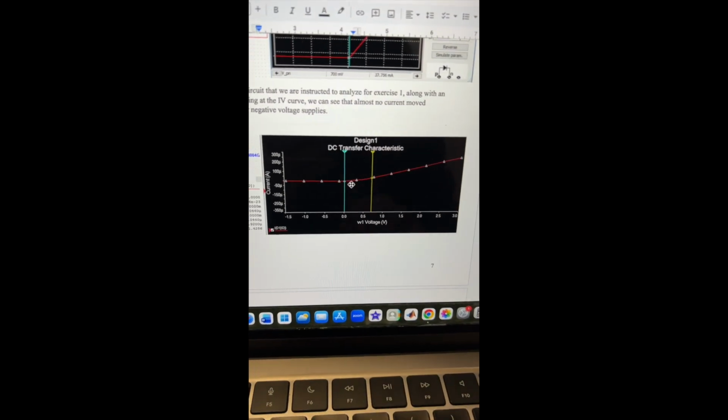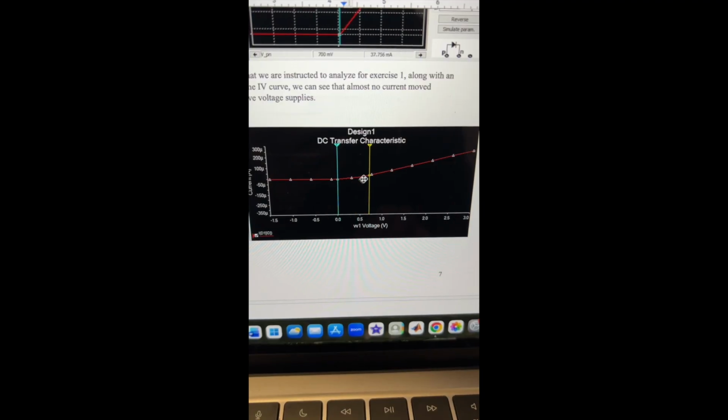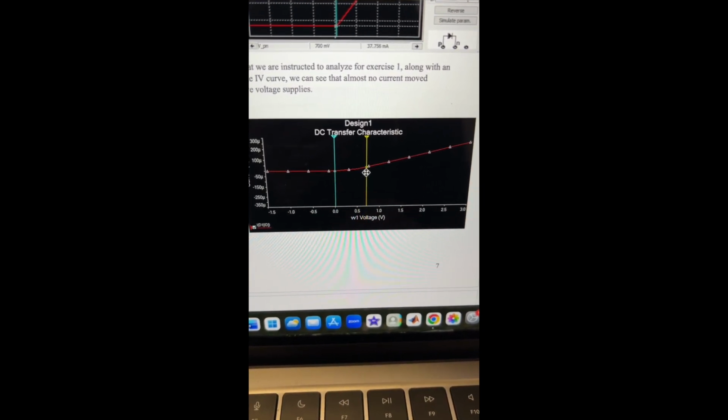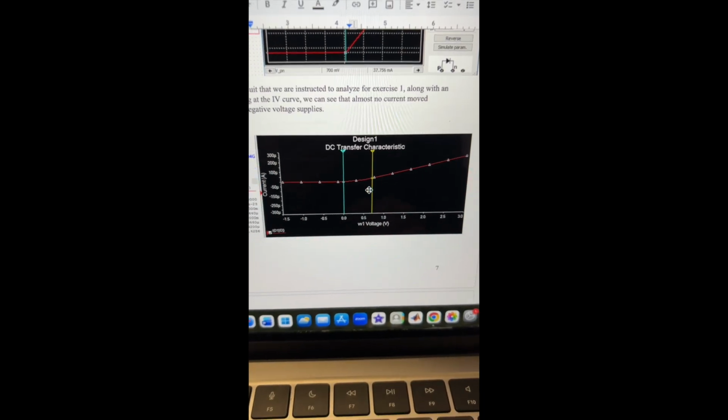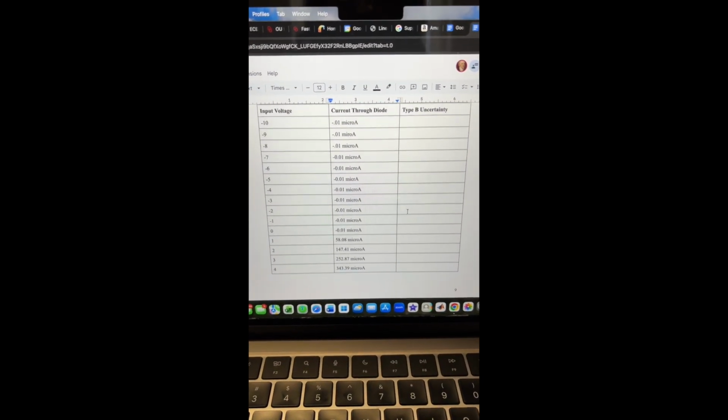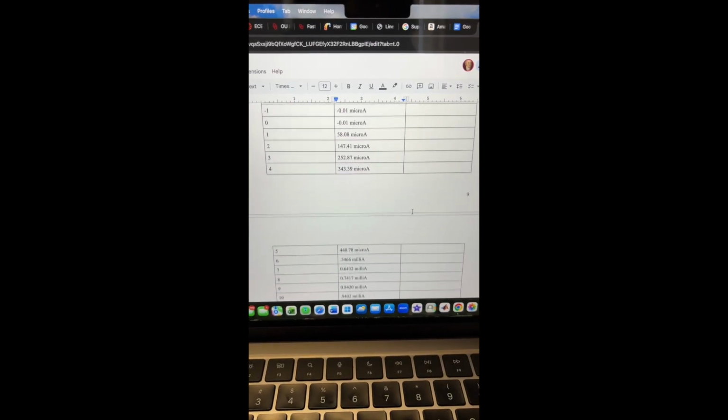And this matches with what we simulated here, where whenever the voltage supplied becomes above 0, it kind of moves exponentially upwards, and then after about 0.7, it's a linear pattern. So these are our final values.